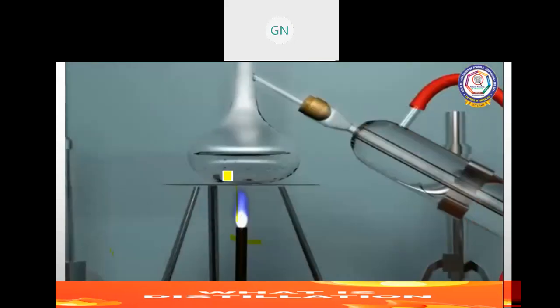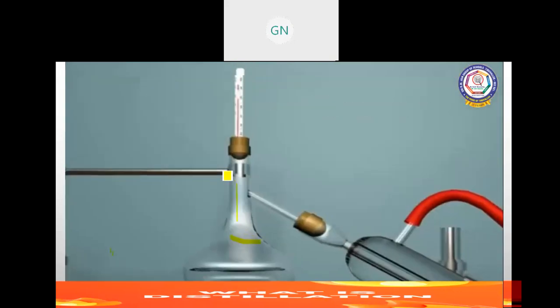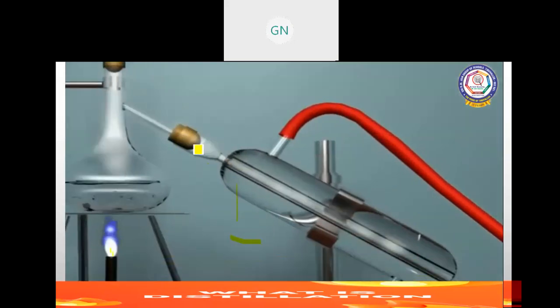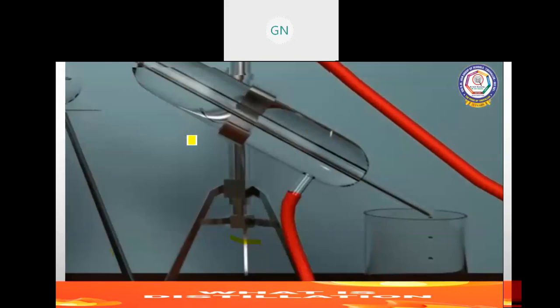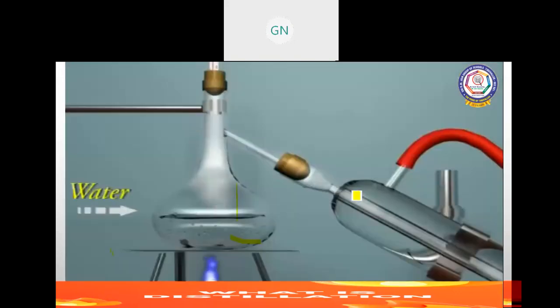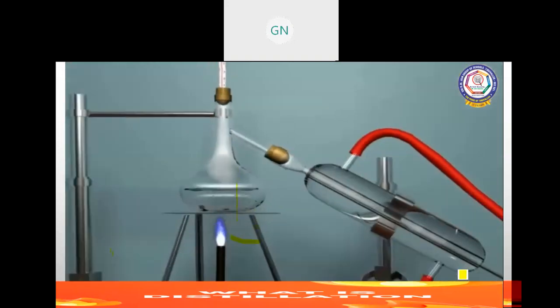Now you heat the mixture, fix the thermometer and observe the temperature. Acetone will evaporate and come out in liquid form because we connected the Liebig condenser.